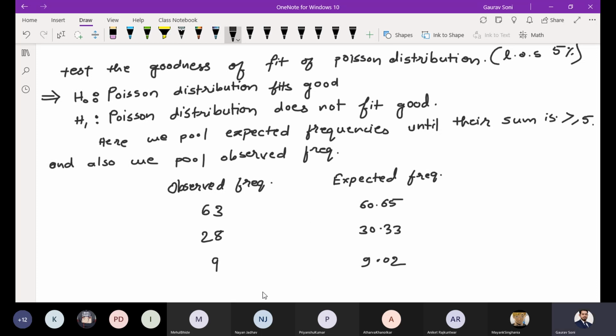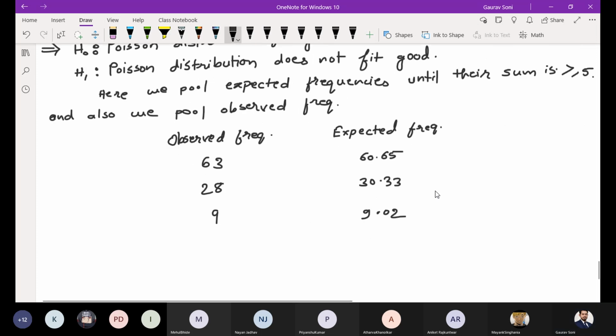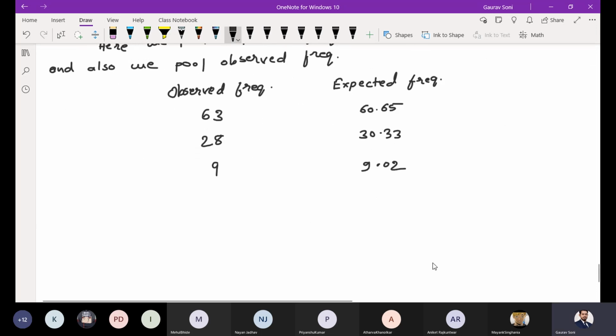Now let's define the test statistic. Whatever test you are using is the test statistic. In this particular topic, we are using the chi-square test.